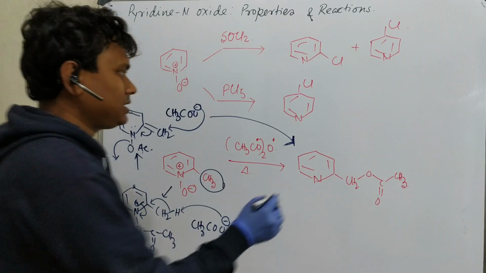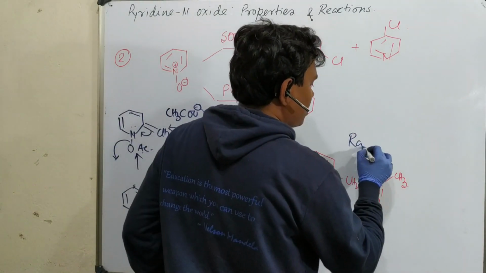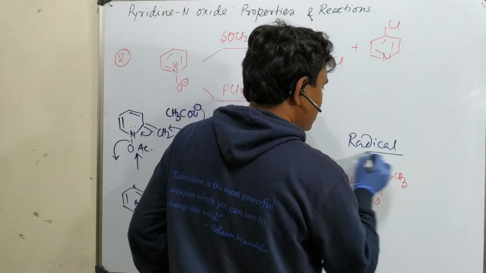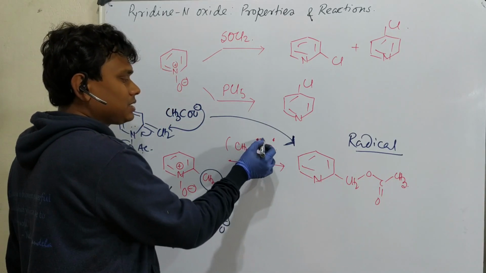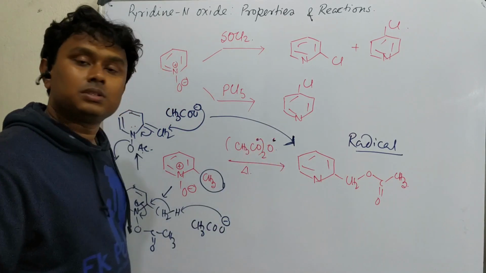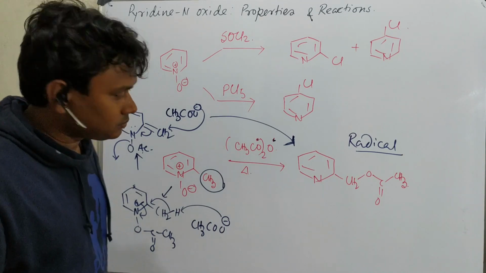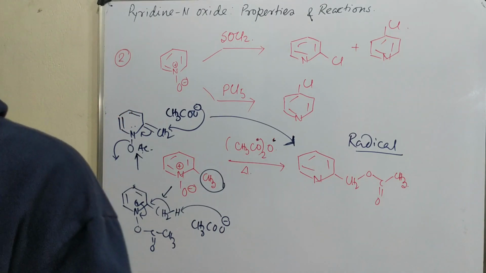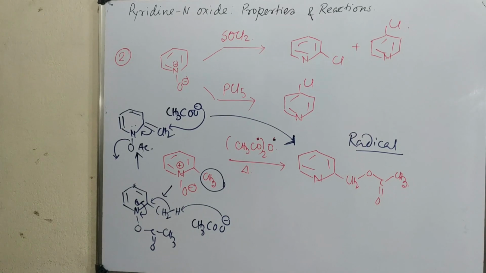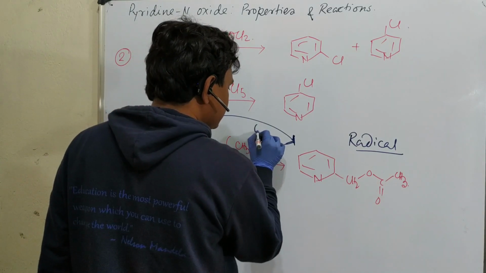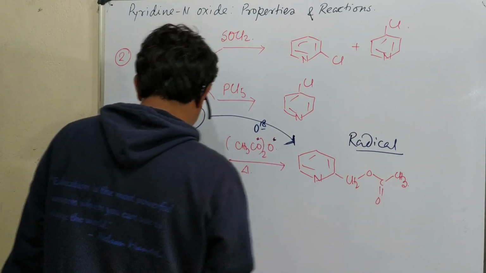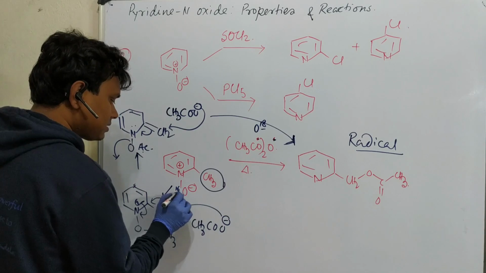It is actually a radical pathway. I will explain how. Instead of that, if you take this simple derivative, and take the radiolabel, this oxygen is 18O, but this is 16.